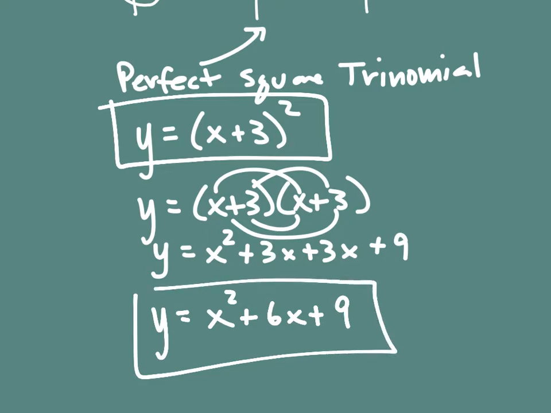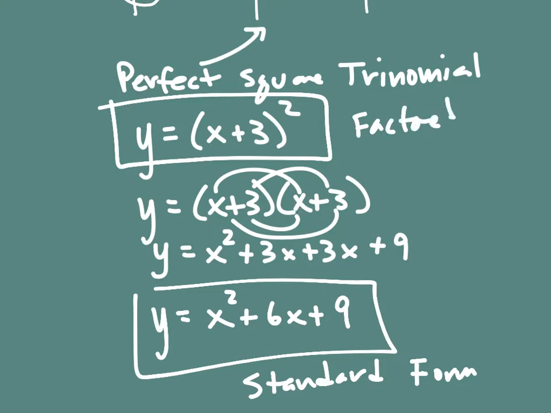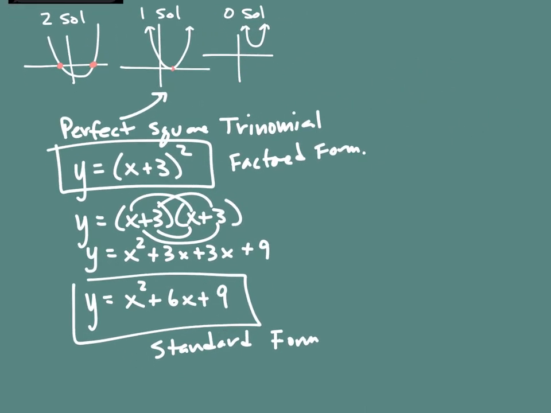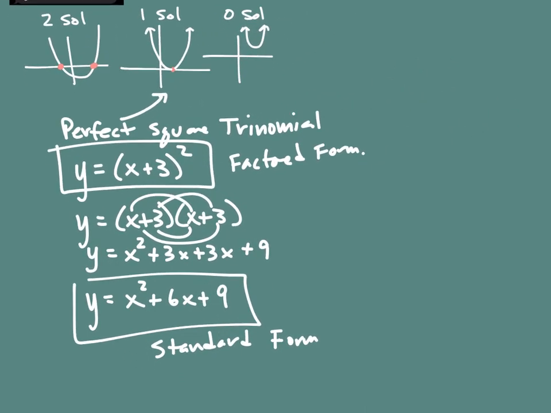This is in standard form, and this is in factored form. And so what you want to look at is this is just a generic example of a function that would touch the x-axis once, where your vertex is at that point.